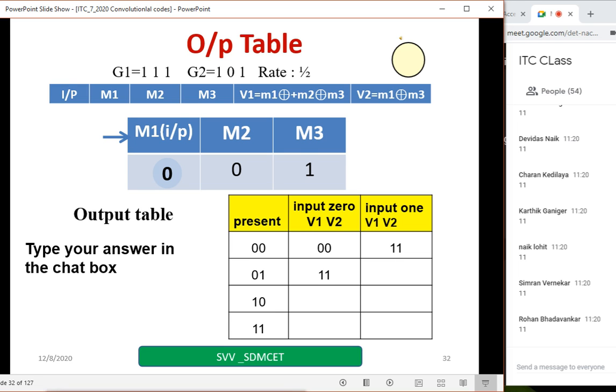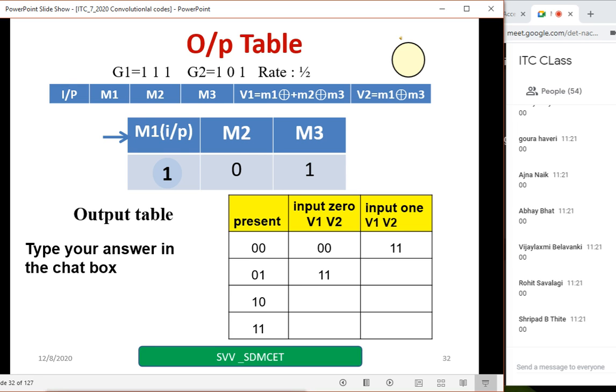If input is 1, and M2, M3 is 0, 1, what are V1 and V2? 1, 1 or something different? Let me wait for some time. Nivedita is typing 1. Add all the three, add first and last to get V1 and V2.